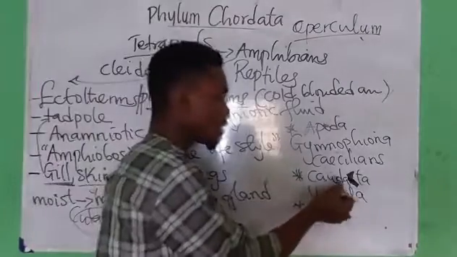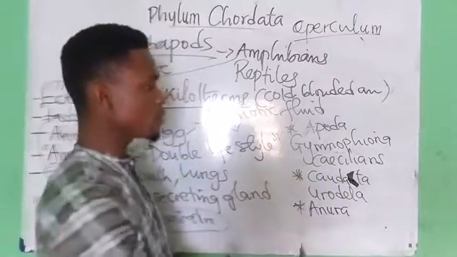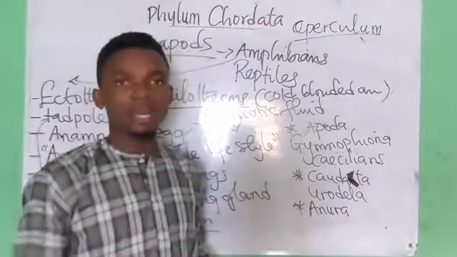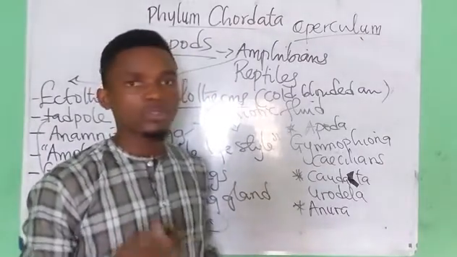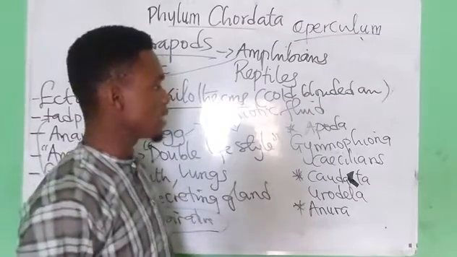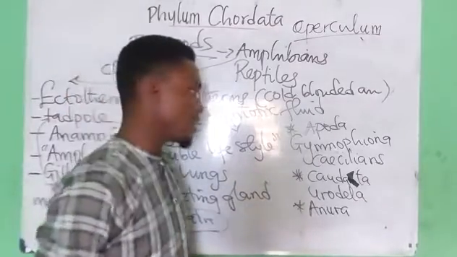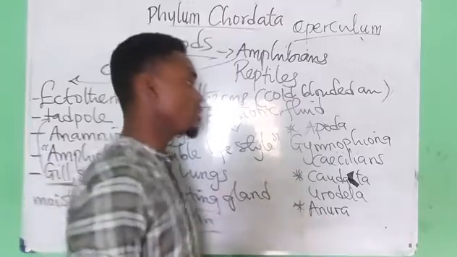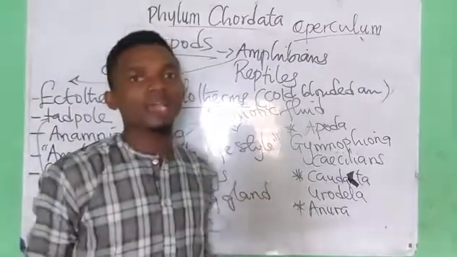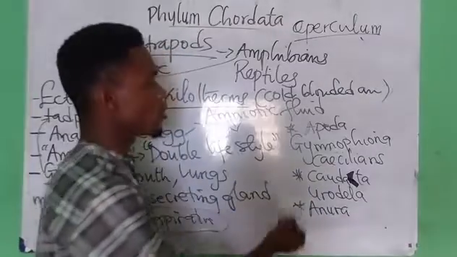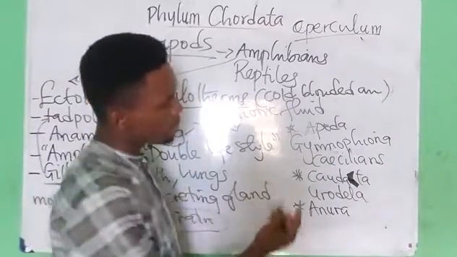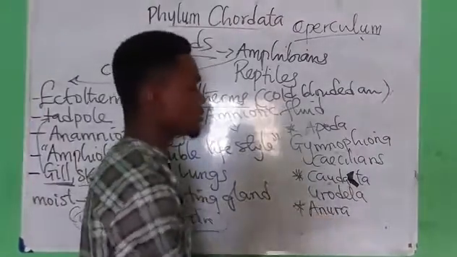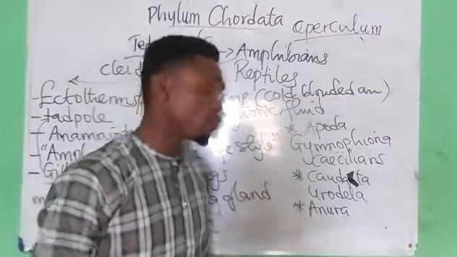Examples of urodeles are salamanders, newts, sirens, water dogs, and mud puppies. But under Anura, you have frog and toad.